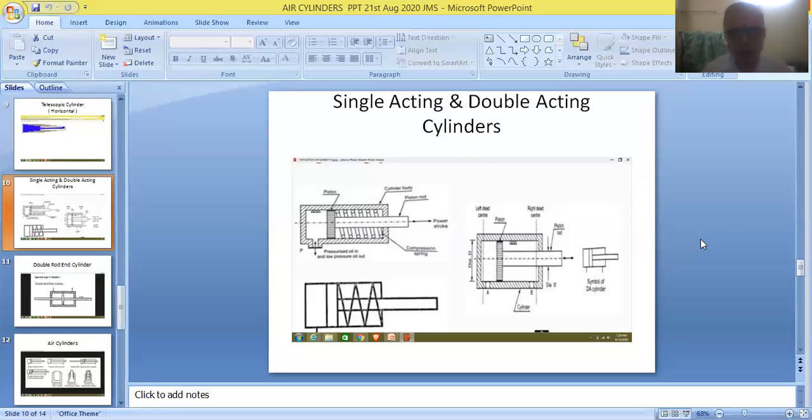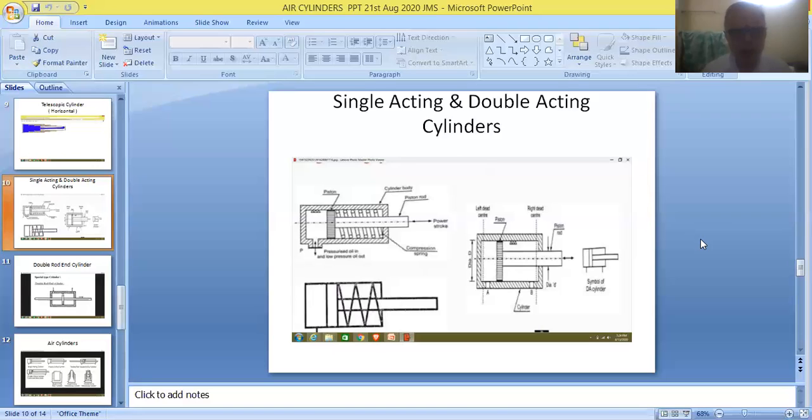So friends, a return spring is not required for operating a double acting cylinder, but the return spring is very essential for the operation of a single acting cylinder. As a whole, in a single acting cylinder, fluid pressure will move the piston in the forward direction and spring pressure will move the piston in the reverse direction.